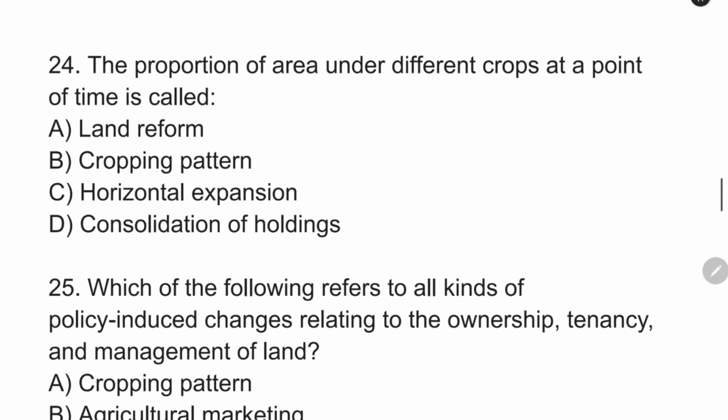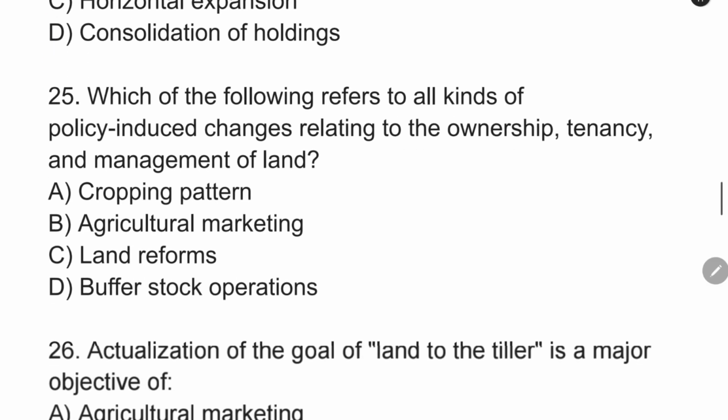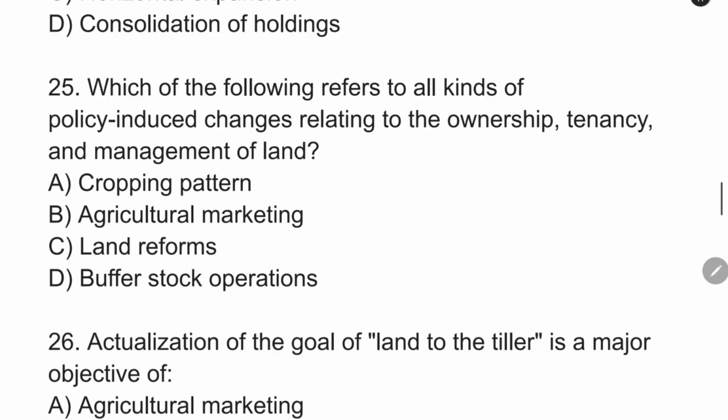The proportion of area under different crops at a point of time is called cropping pattern. Which of the following refers to all kinds of policy-induced changes related to the ownership, tenancy, and management of land? Land reforms.